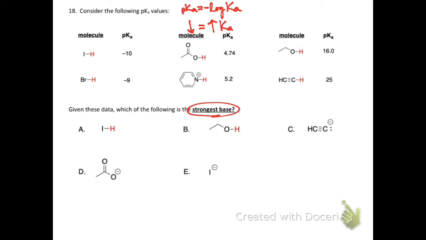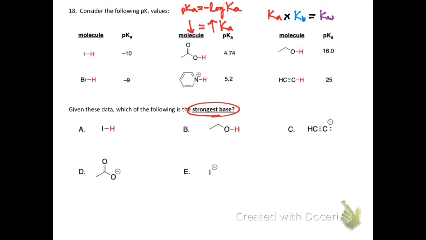The second thing that we need to keep in mind is we're looking for the strongest base. So since we're given information about the Ka, we need to use the relationship that the Ka of an acid times the Kb of its conjugate base is equal to a constant, Kw, autoionization constant of water.